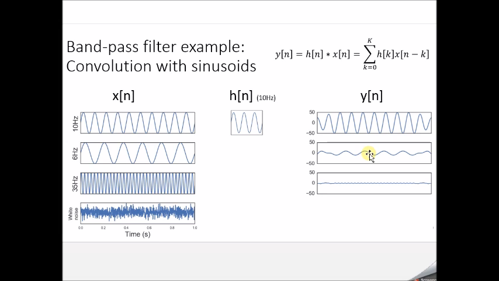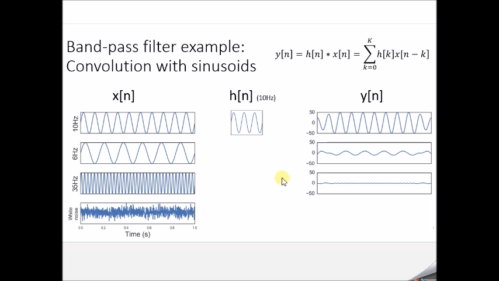The same thing happens if our input is a 35 Hz signal, which is very far away from 10 Hz. So if we convolve a 35 Hz input signal with the 10 Hz kernel, 10 Hz filter, then our output is a very attenuated 35 Hz sinusoid.